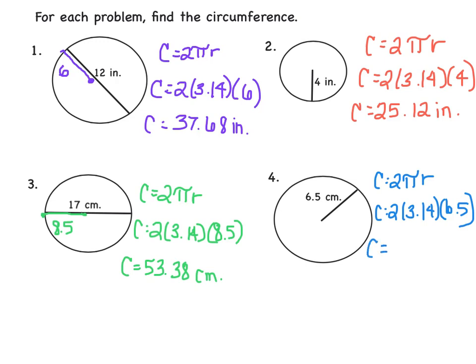Multiply straight across, and we get C equals 40.82 centimeters. Great job if you got all of those correct. Be sure you have corrected and fixed any mistakes that you made before moving on.